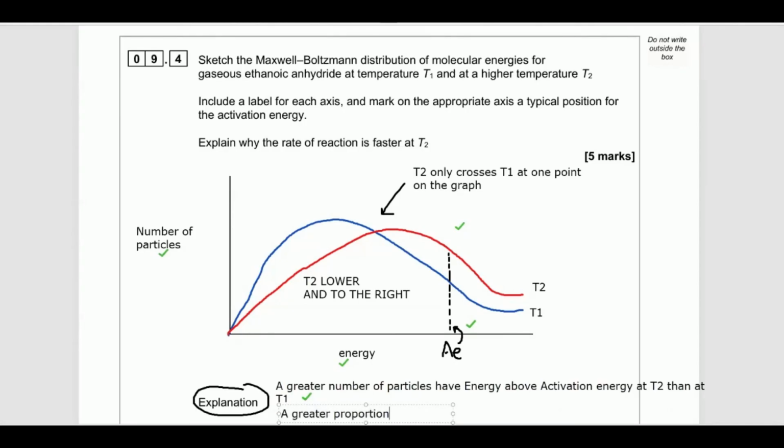They didn't include that on the mark scheme, but I've seen this exact same question on other AQA chemistry mark schemes where there were 2 marks for the explanation and you needed to say more of the particles have a higher amount of kinetic energy, so more frequent successful collisions. That little spiel as well. On this mark scheme, it just wanted you to say a greater number of particles at T2 have energy above the activation energy.